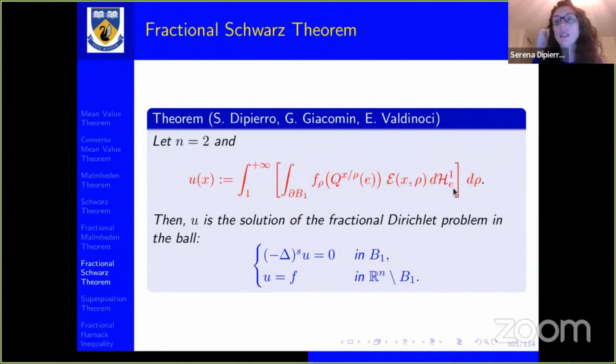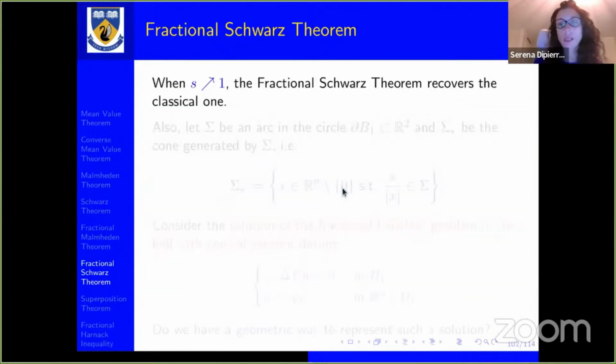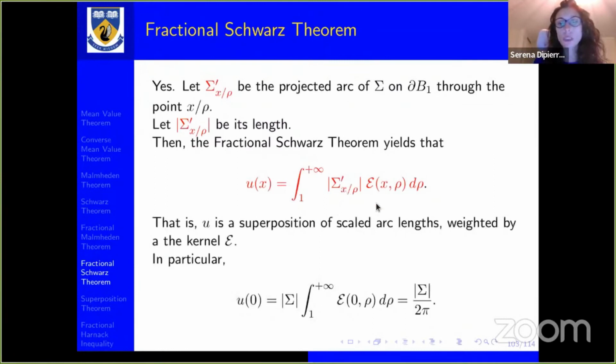And then you are integrating basically in rho, which means that 1 is equal to the measure of the boundary of B1 multiplying the integral of the kernel in rho. So this integral is equal to 1 divided by the measure of the boundary of B1. So this is the computation that is hidden here, that this object is equal to 1 divided by the measure of the boundary of B1, which is 2 pi in dimension 2.